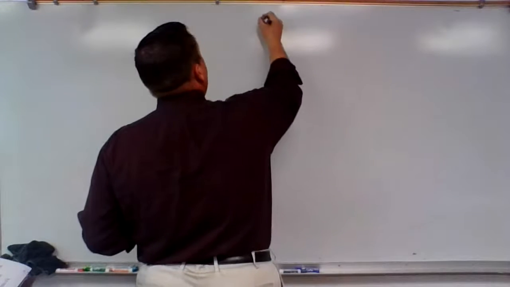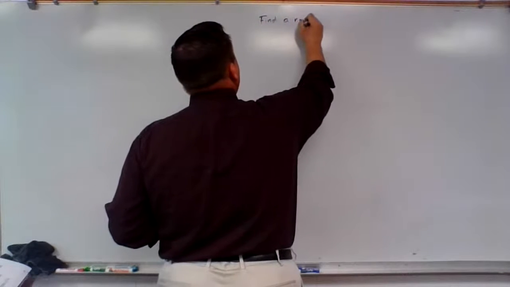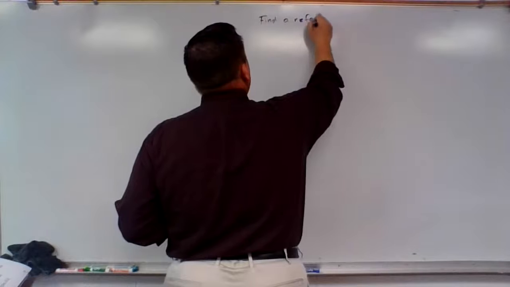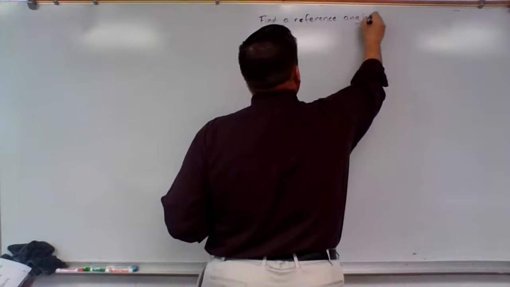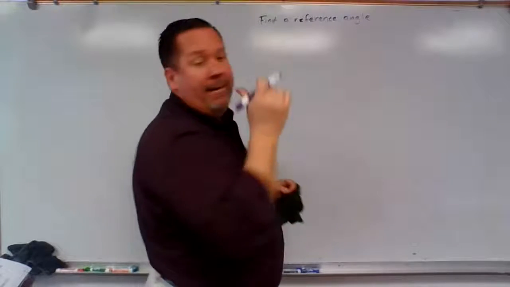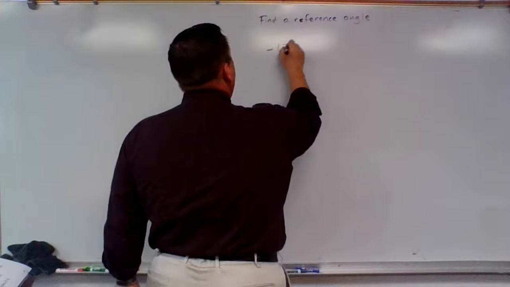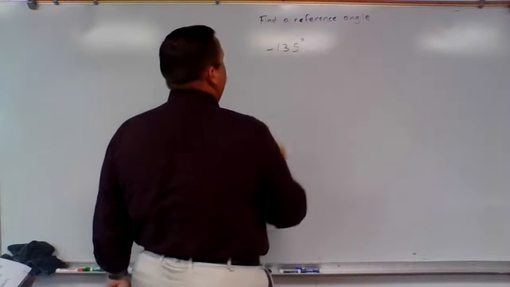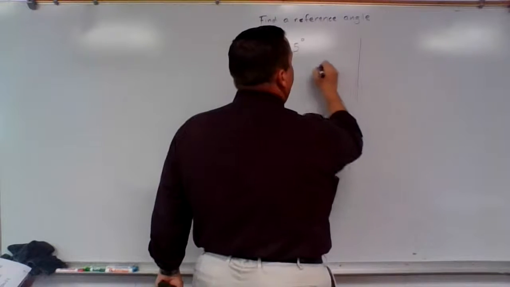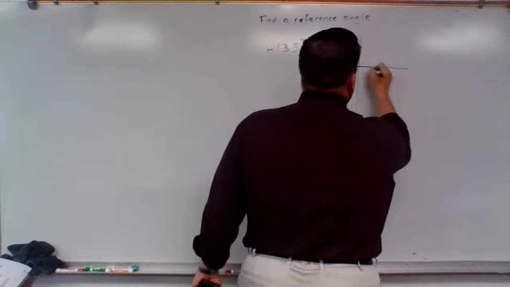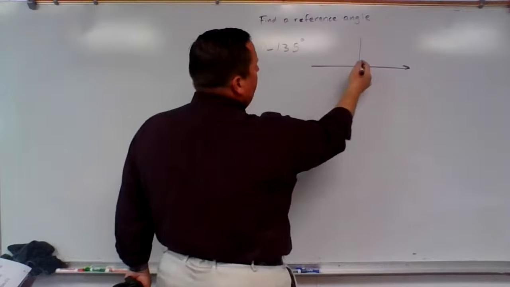Again, our directions here are find a reference angle, and we're given negative 135 degrees, right? If I need a visual, standard position, except this time we're coming this way, we're coming negative.